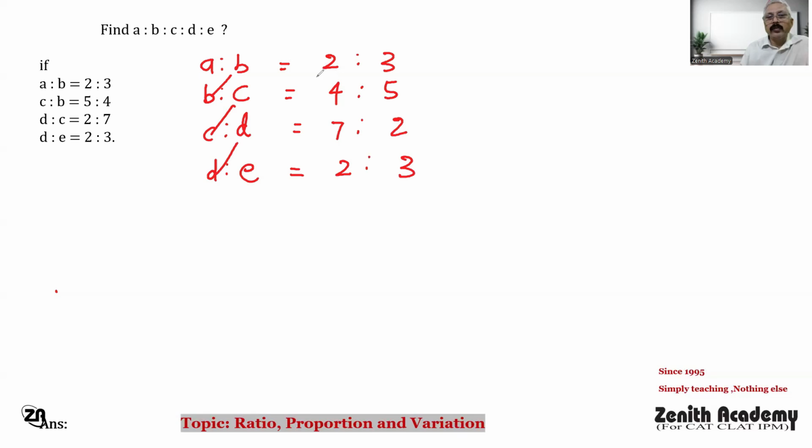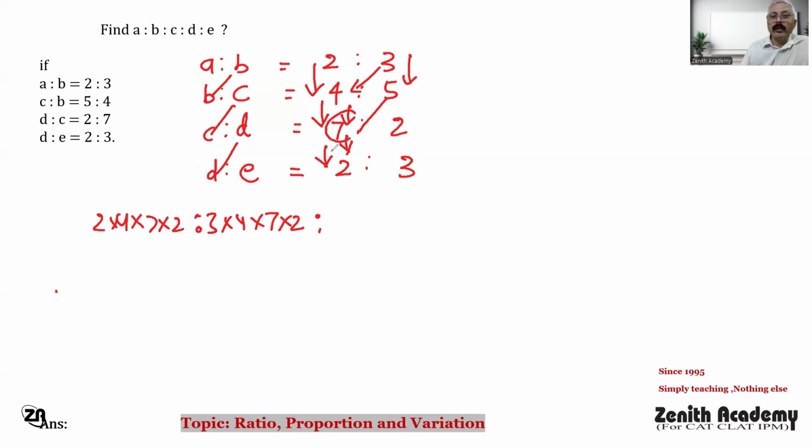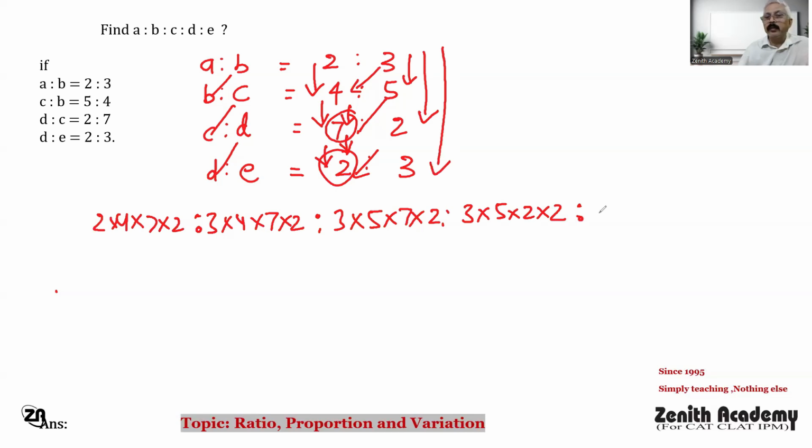So here the formula is 2 into 4 into 7 into 2, then 3 into 4 into 7 into 2, then 3 into 5 into 7 into 2, then 3, 5, 2 into 2, and then 3, 5, 2, 3. Okay, so make it simple. This is your direct answer.